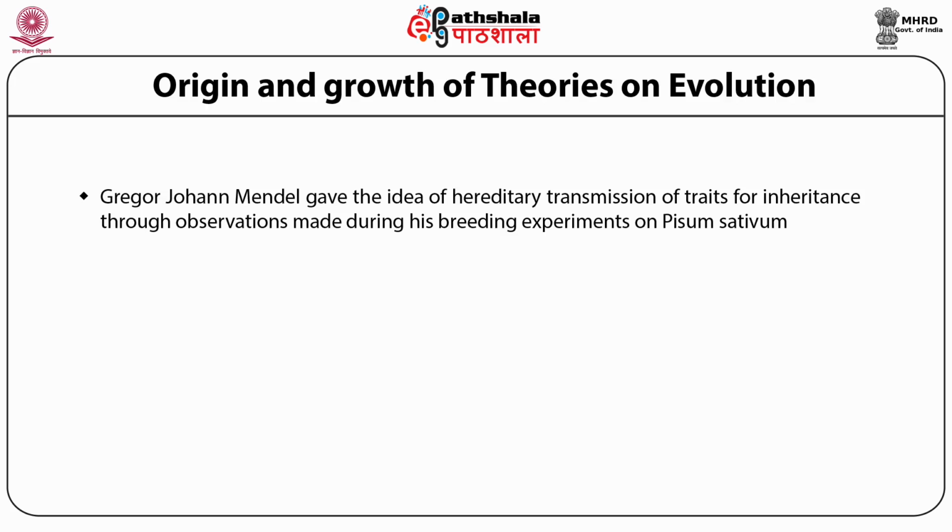He postulated that in an organism, hereditary characteristics are controlled by a pair of factors which we today know as alleles. He further said that in the event of the existence of two different factors for a characteristic, the one which is dominant is expressed while the other which is recessive is not expressed.